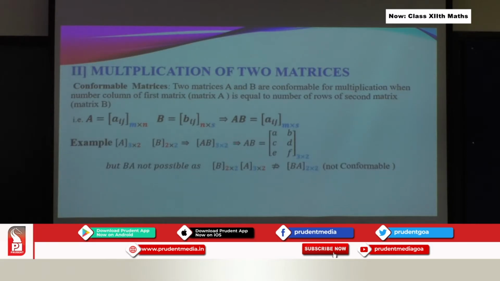Okay, let us talk about an example. Here I have matrix A of order 3 by 2 and matrix B of order 2 by 2. Look at this, the number of columns of the first matrix is equal to the number of rows of the second matrix. Yes, 2 and 2, equal. Now what is the leftover part? 3 and 2.